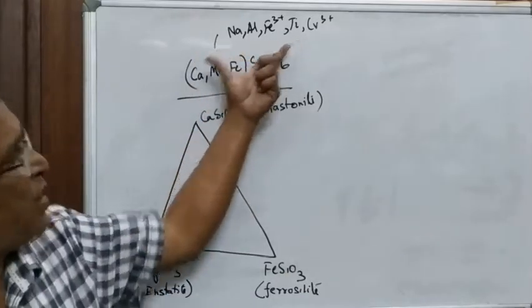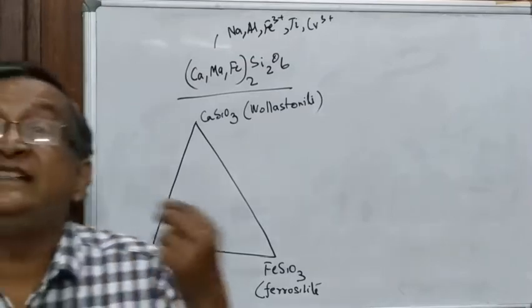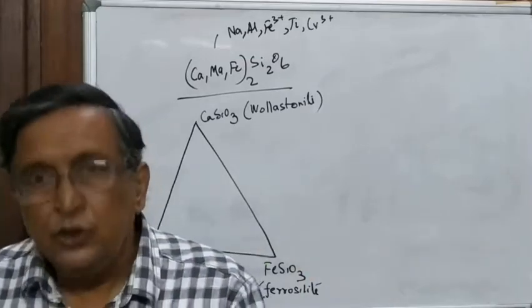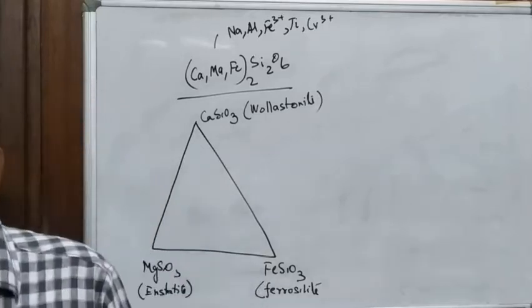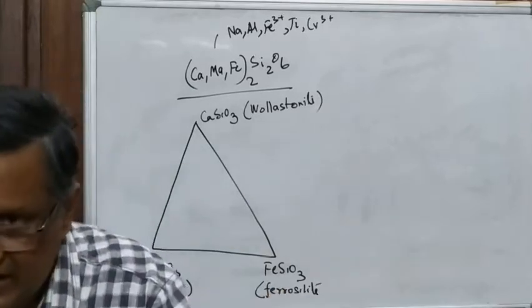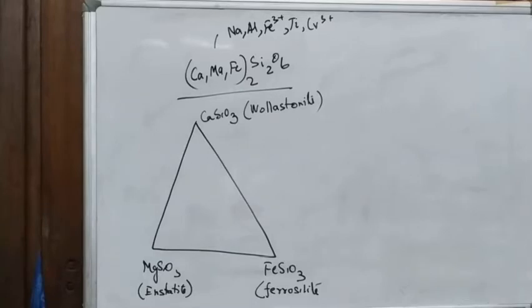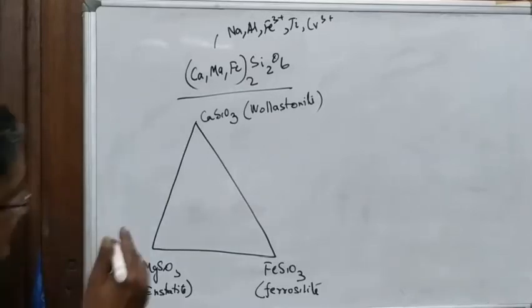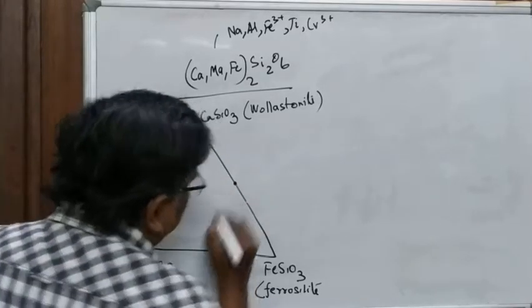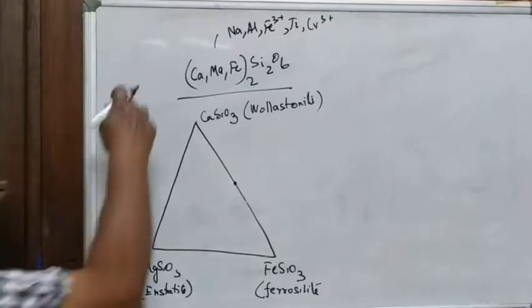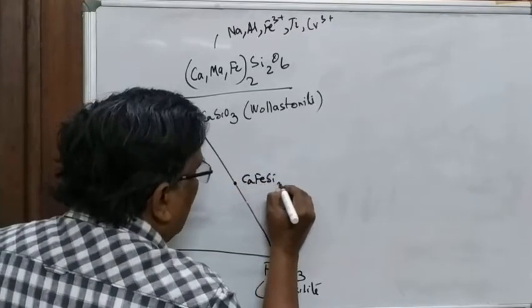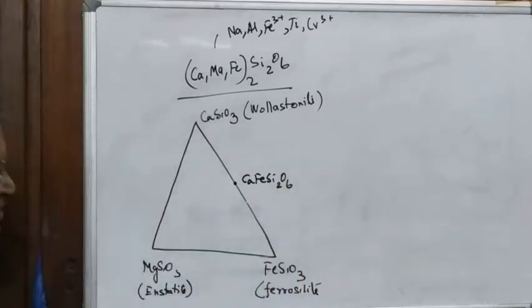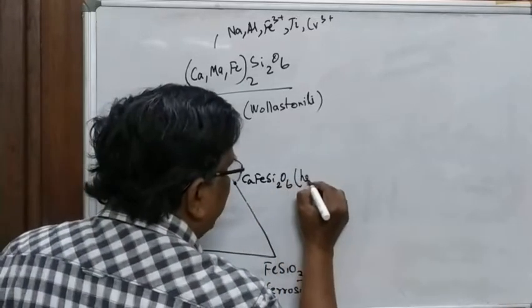If the non-quadrilateral component is more than 10%, then it is no more a quadrilateral compound, and the pyroxene is non-quadrilateral. Why quadrilateral? You say, so where is the quadrilateral? It's very simple. Here, for example, at the midpoint of it, you have CaFeSi2O6, right? This is called hedenbergite.